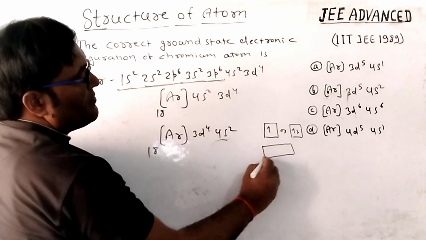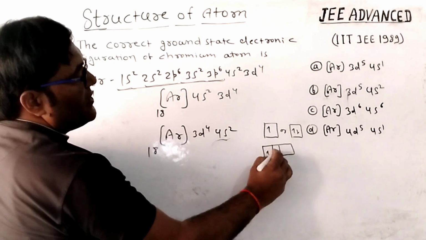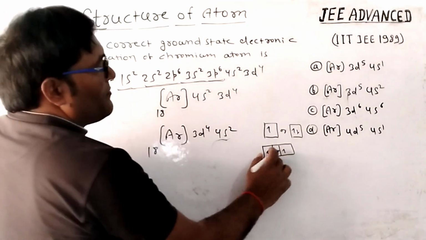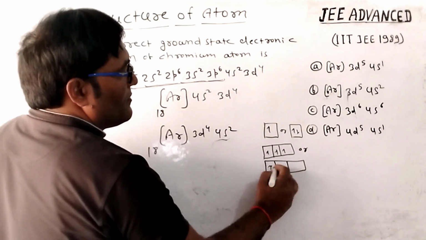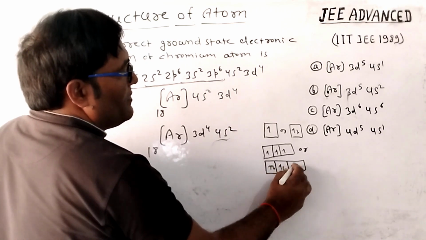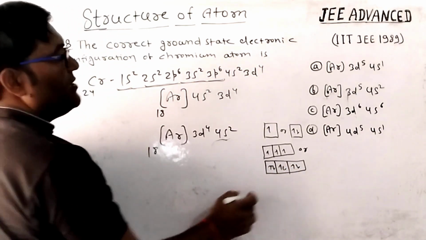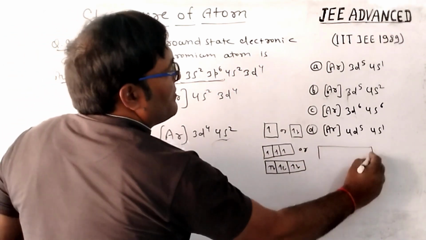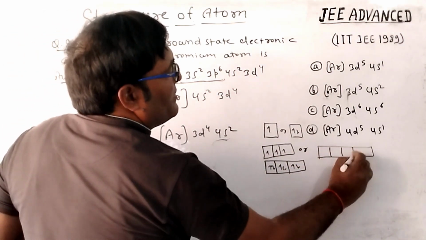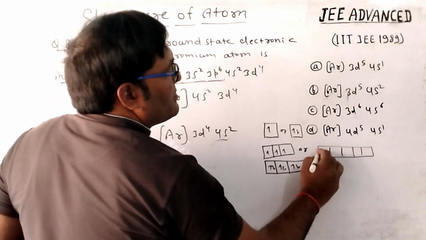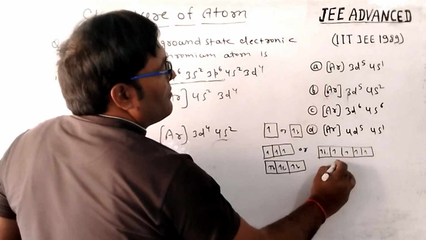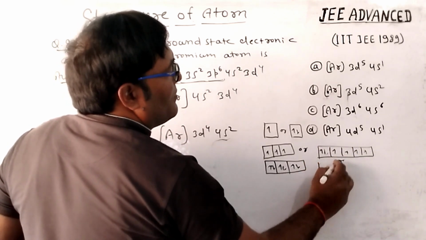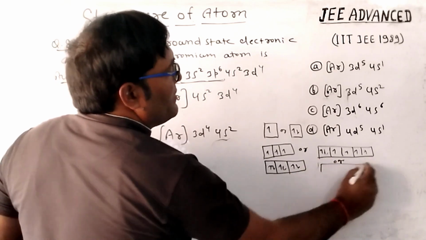In case of p, it is also stable when completely half filled or full filled. Now d is also stable whenever its orbitals are completely half filled or completely full filled.